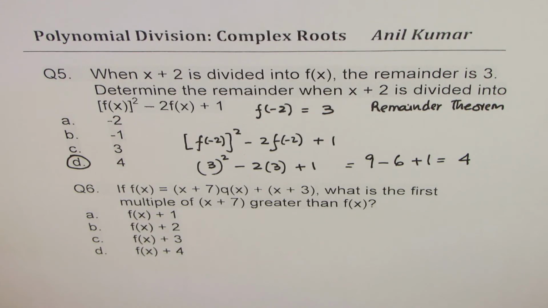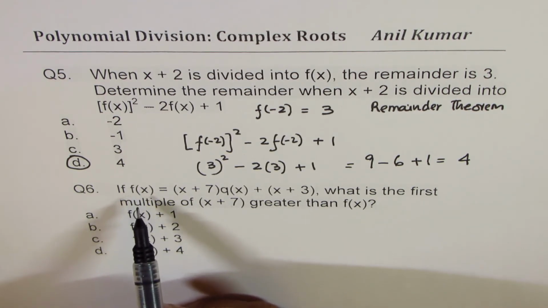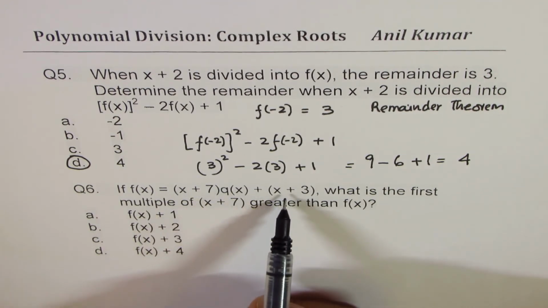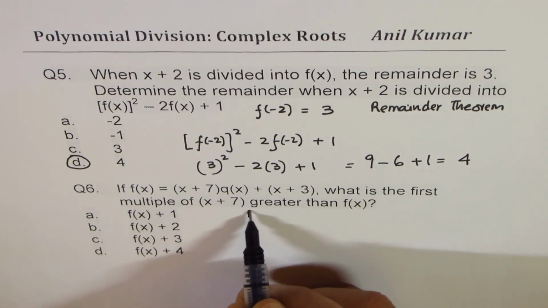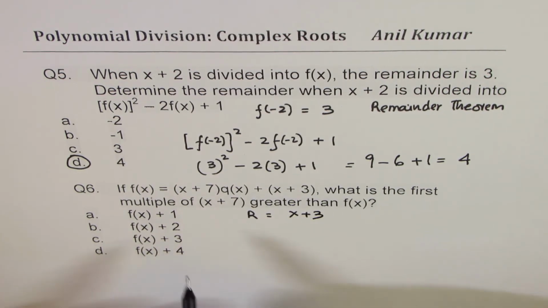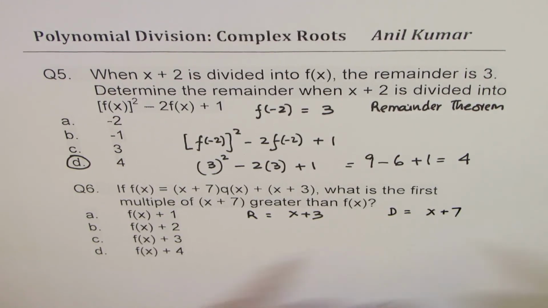You need to solve this question and then look into my solution. Now clearly f of x is not divisible by x plus 7 since we have a remainder. Now the remainder is, as you can see, x plus 3. Divisor is x plus 7.